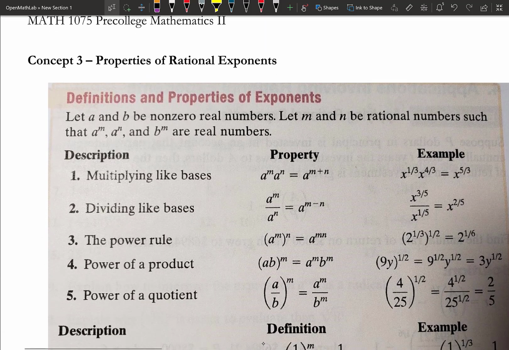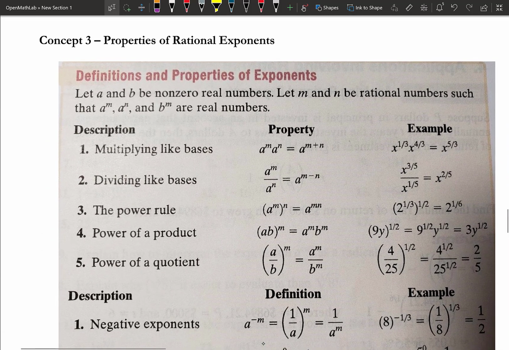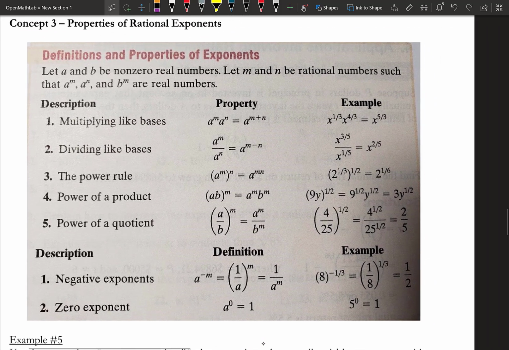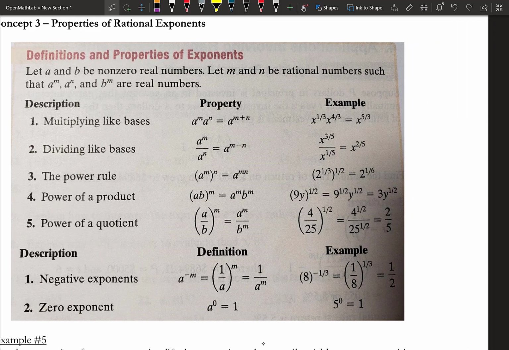The next concept is properties of rational exponents. What we have here is just a reminder of the exponent rules, which I took out of the textbook. It says let a and b be non-zero real numbers, let m and n be rational numbers such that a to the m, a to the n, and b to the m are real numbers. If you're multiplying like bases, here's the property we add.